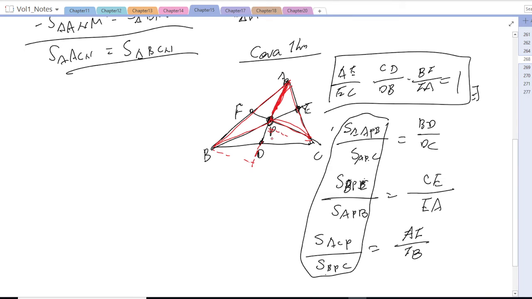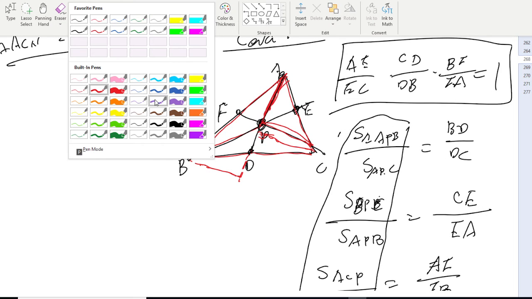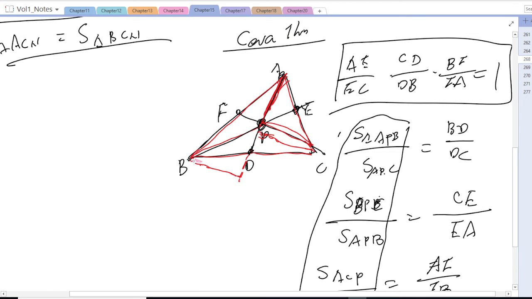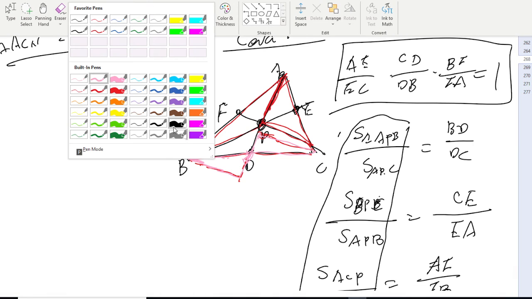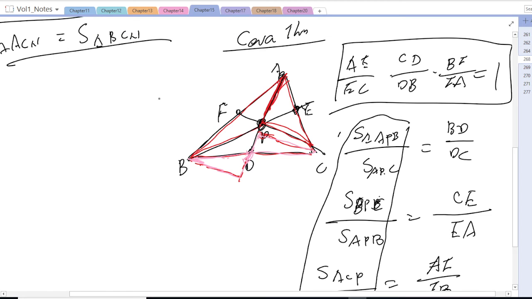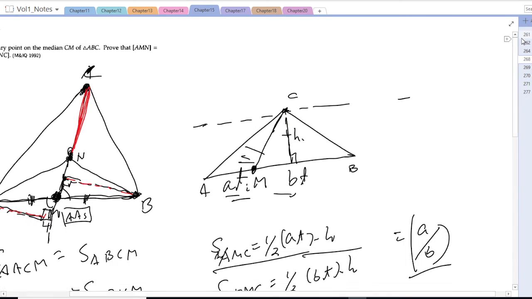So the ratio is equal to this one over this one, per the similarity. You need to be able to see this similar triangle here, this one similar to this one. So that's why the height ratio is equal to BD over DC. In this way, we can prove Ceva's theorem. That's the direct use of the results from this problem.